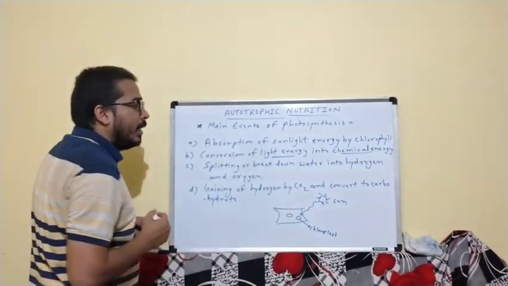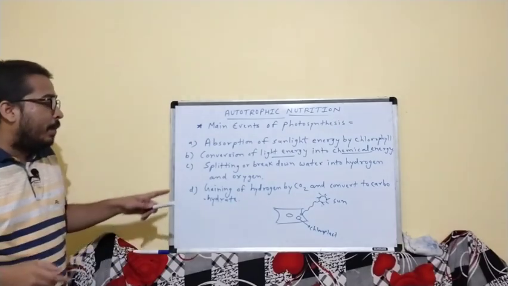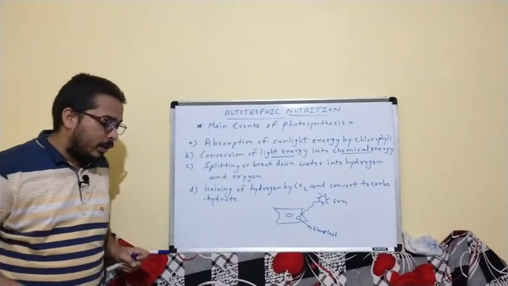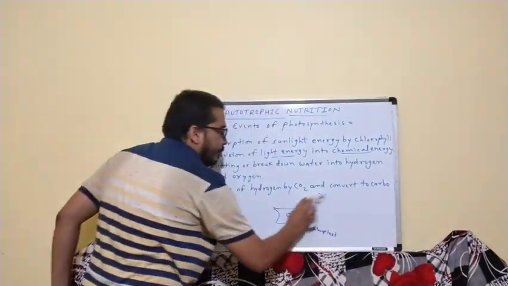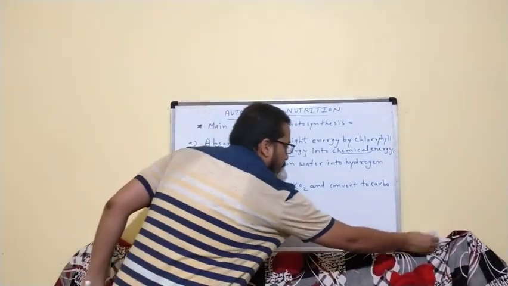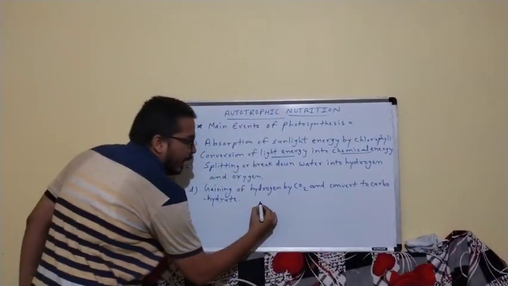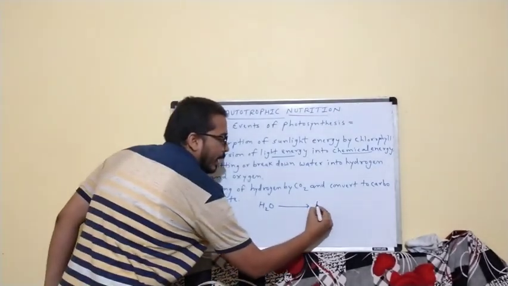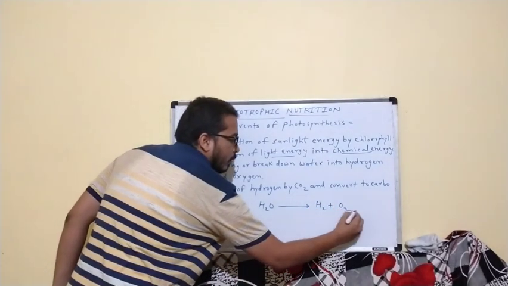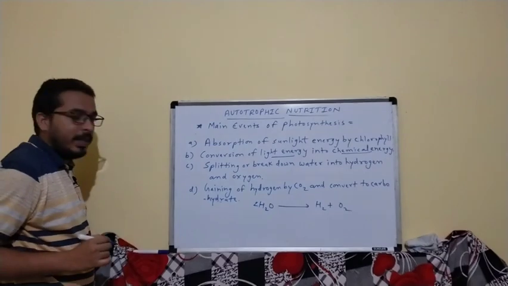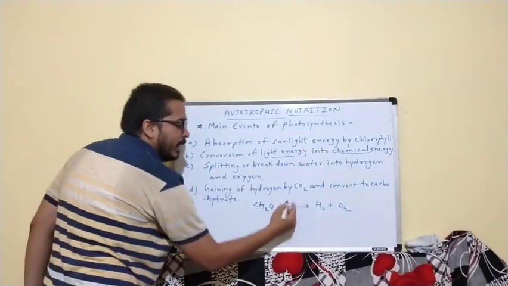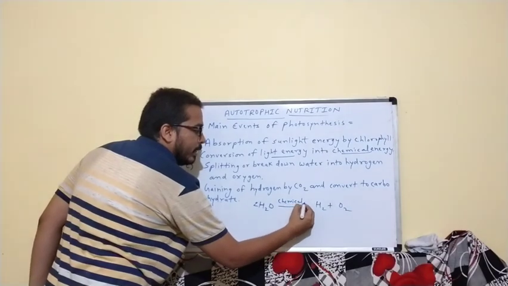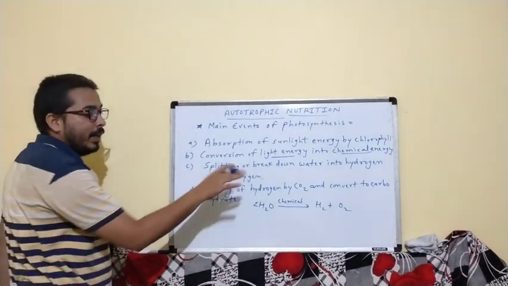And when this chemical energy is formed, this chemical energy is used to break down water into hydrogen and oxygen. Is it clear? So we can say that water, H2O, will be broken down into H2 plus O2. With the help of which energy? Chemical energy. And where does it take place?